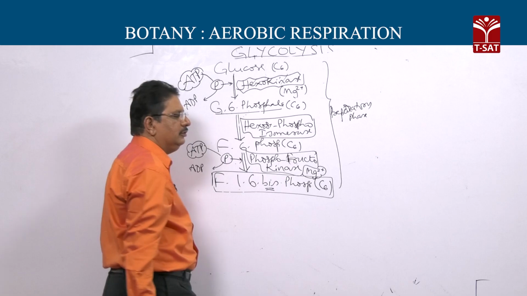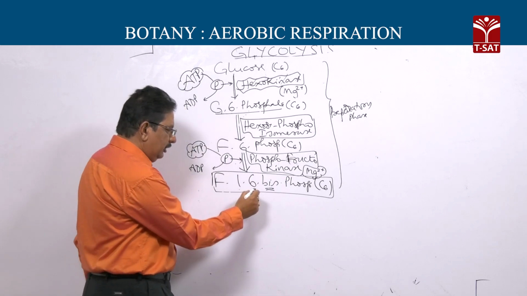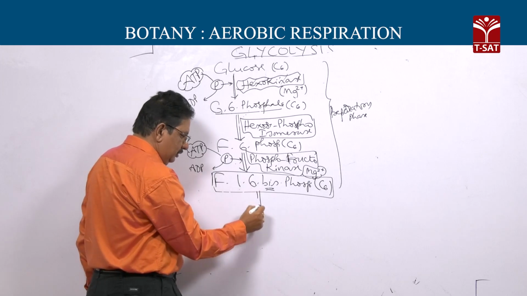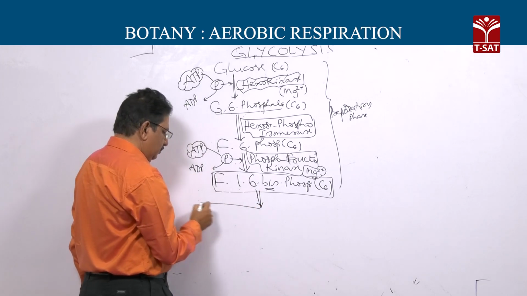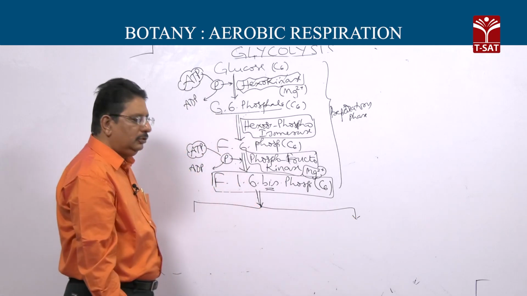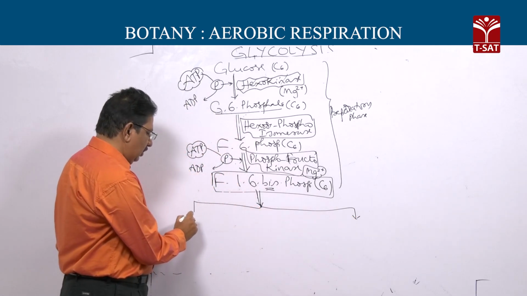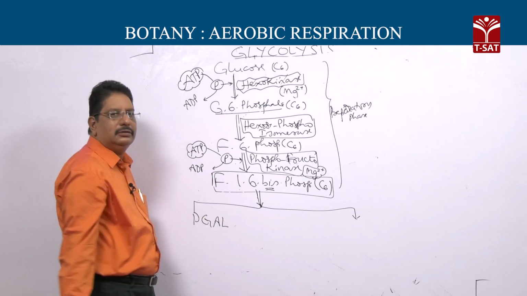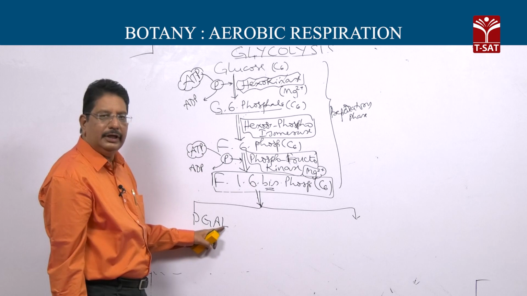Preparatory phase. So, this C6 compound, that is with two phosphates, is finally broken down into two C3 compounds. One is called phosphoglyceraldehyde, let it be PGAL.